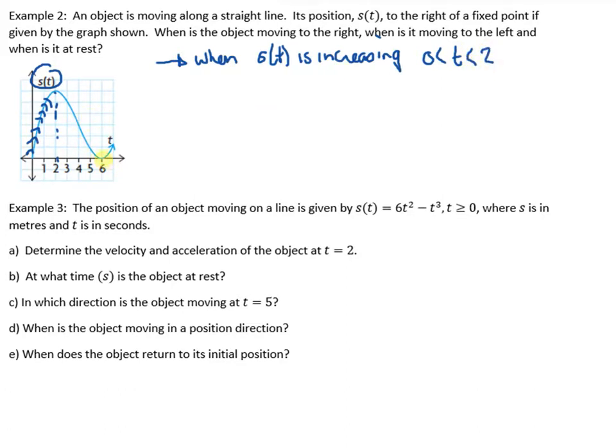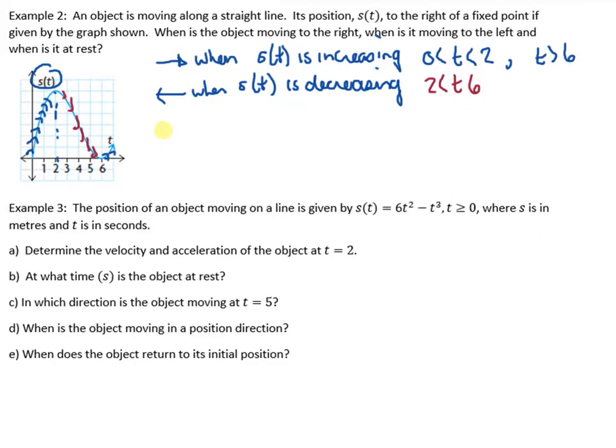It's also increasing after 6, so when t is greater than 6. We know that it's moving to the left when s at t is decreasing. So we know s at t is decreasing when t is between 2 and 6.